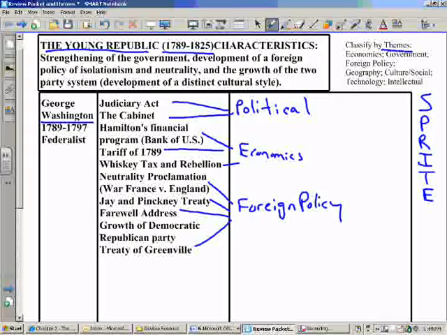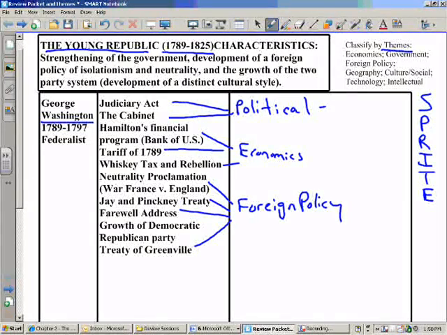Now, with this in mind, to help us summarize and refresh our memory about what these things and what role these items play, we can now summarize their effect and their addition to our society. For example, the Judiciary Act set up our judicial branch, its judges, and the Cabinet set up its advisors.